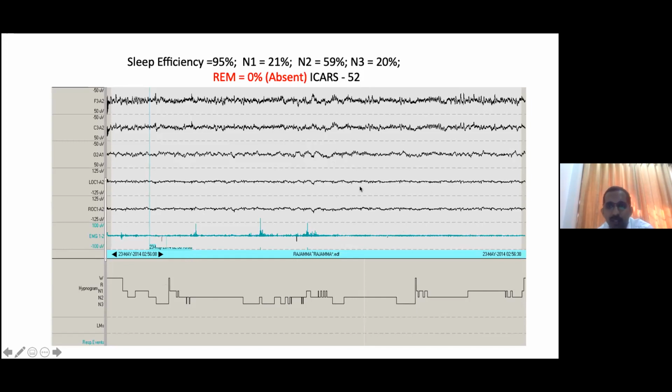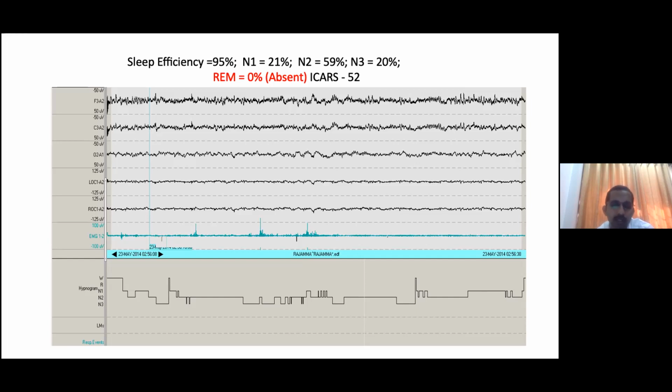Sometimes it will be very difficult to score it as REM sleep, because as per the rules you have to demonstrate rapid eye movements. If the patient is not able to generate rapid eye movements, you cannot score it as a definite REM stage.